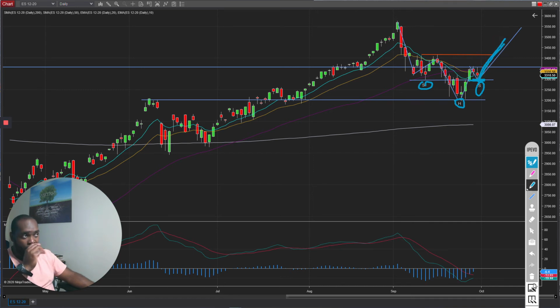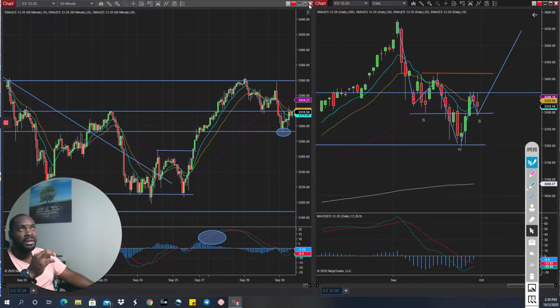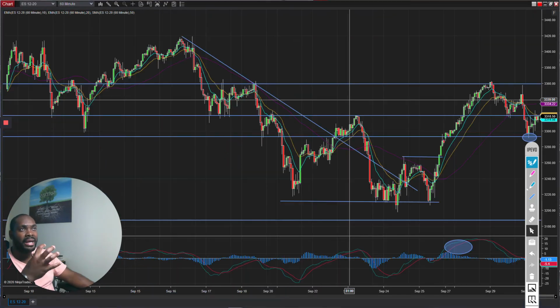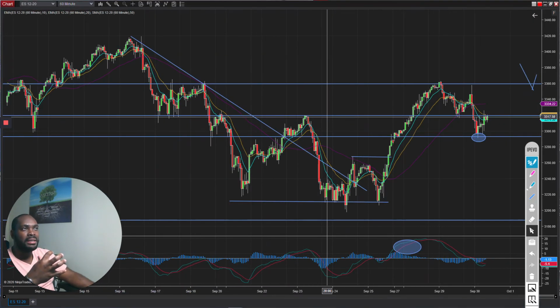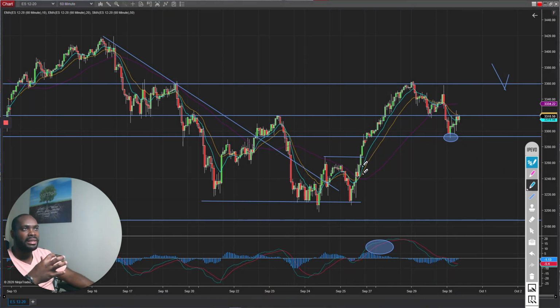All right, so if we switch over to a smaller time frame of the ES, we can start getting a little bit deeper into what's going on. So we can see that, okay, right around this level, the market ran up, it pulled back, came up here, had a quick double tap right here, and now it pulls back down. It bounced at this very same level that was a support level on this side.